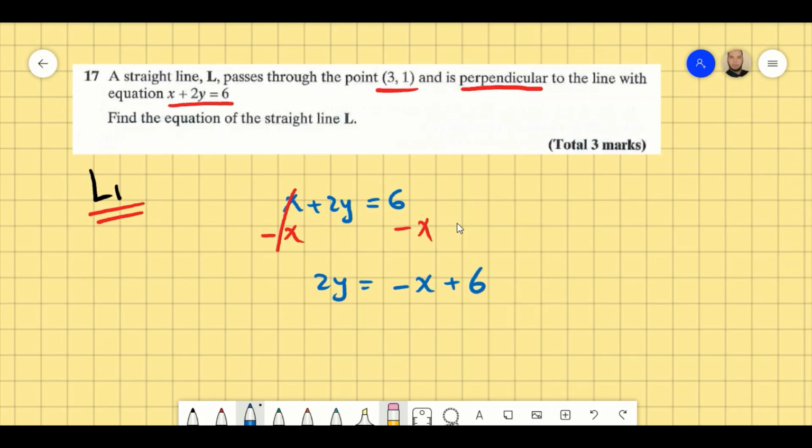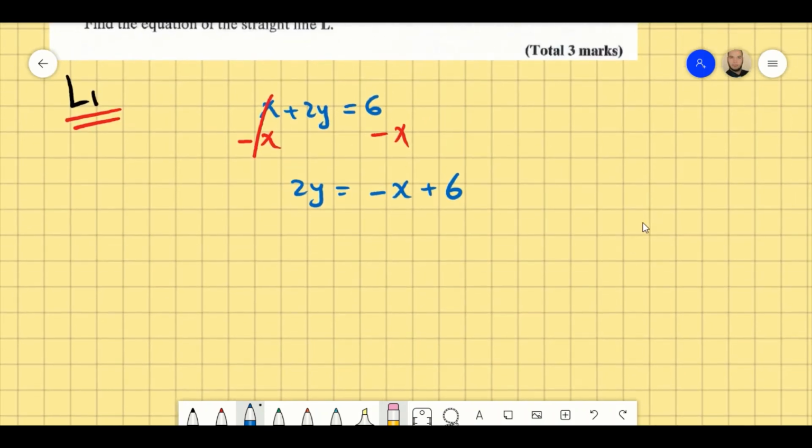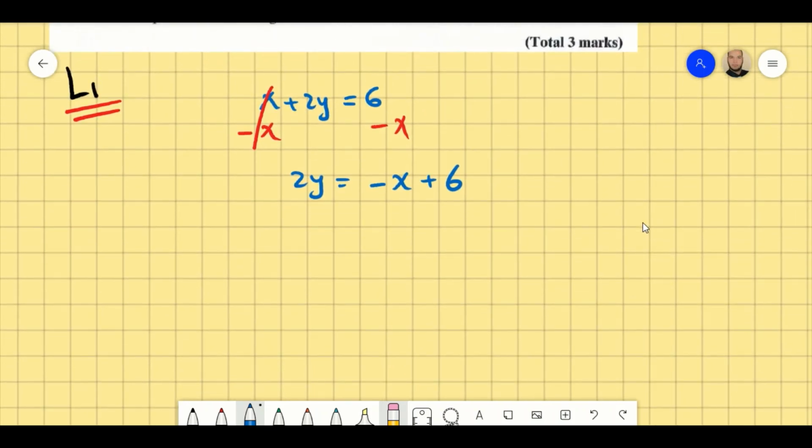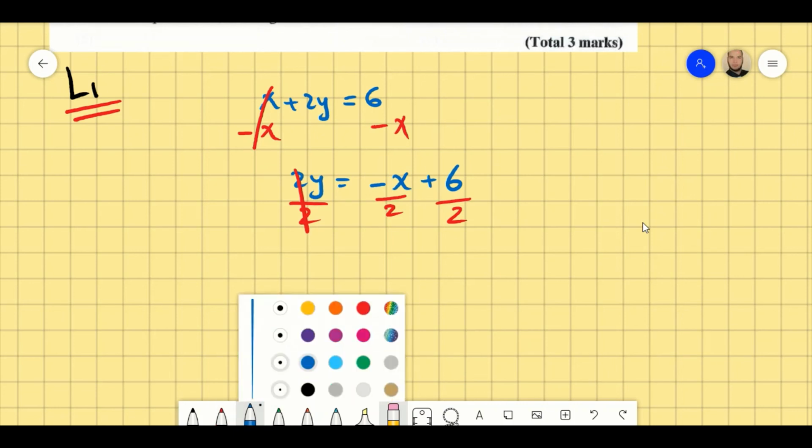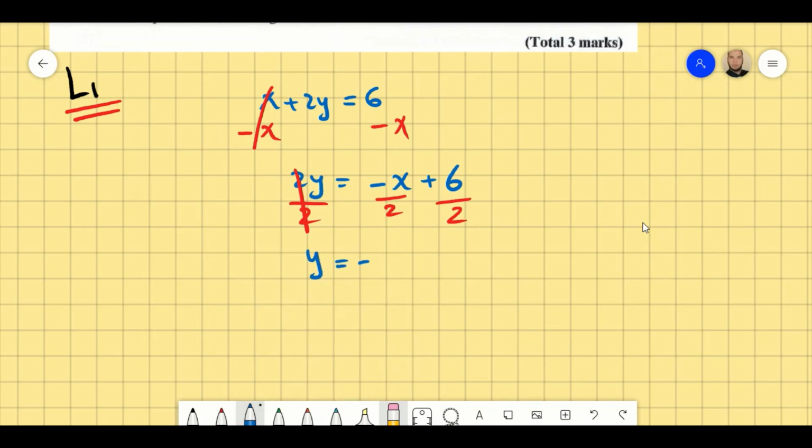If you know the topic, you know we need the standard form to find m. Let's divide by 2 now. y equals negative half x plus 3. So m1 is negative half.